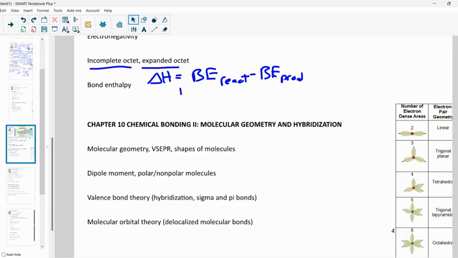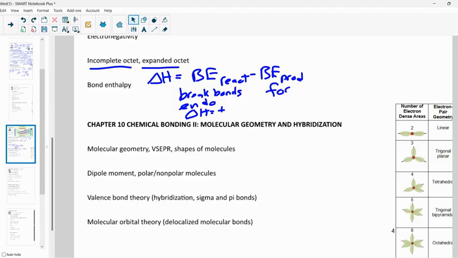Here, we need to break bonds. Breaking bonds is an endothermic process, right? That portion of it is a positive value. It takes energy to break those bonds.